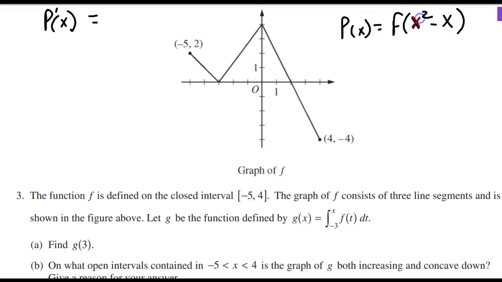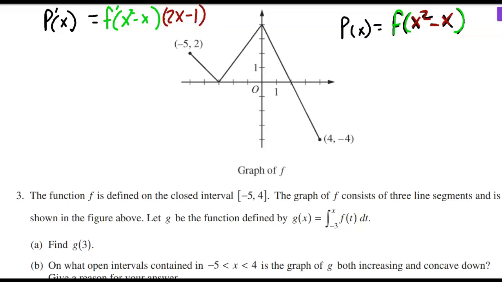We have an inside function, and we have an outside function. So when we do the derivative, we're going to do the derivative of the outside multiplied by the derivative of the inside. The derivative of the inside would be 2x minus 1.